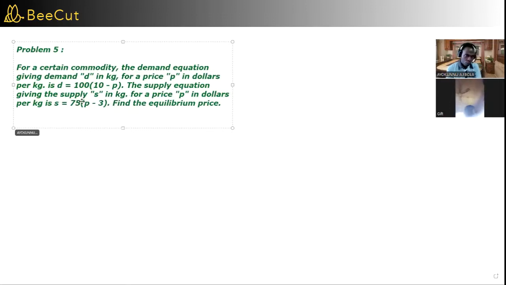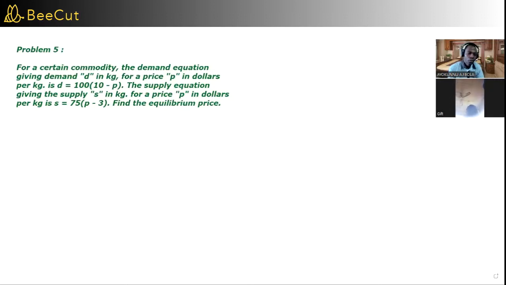The supply equation, given the supply S kilogram for a price P in dollars per kilogram, is S equals 75 into (P minus 3). So find the equilibrium price.